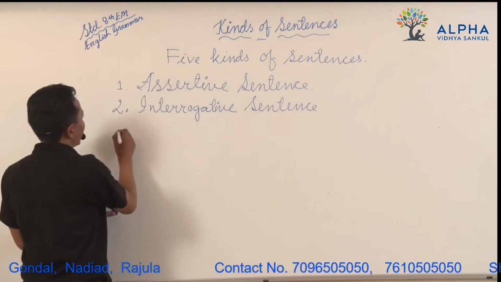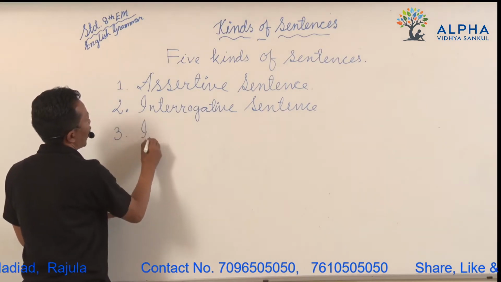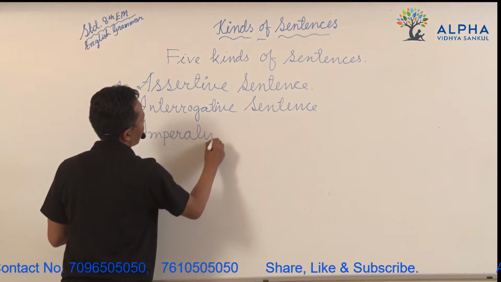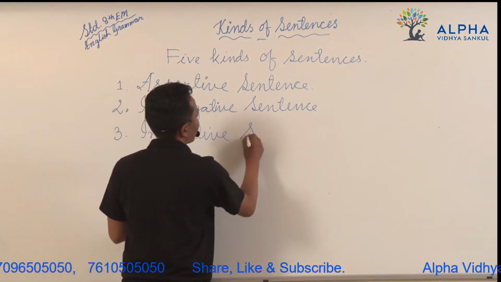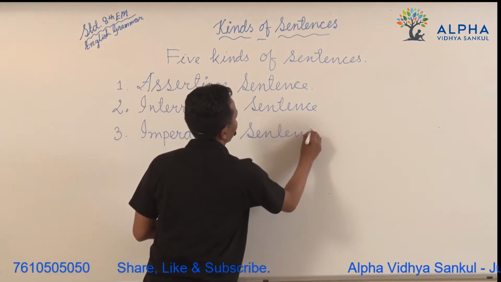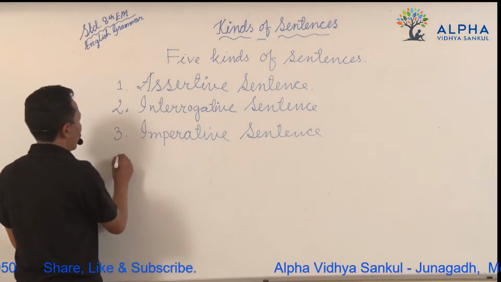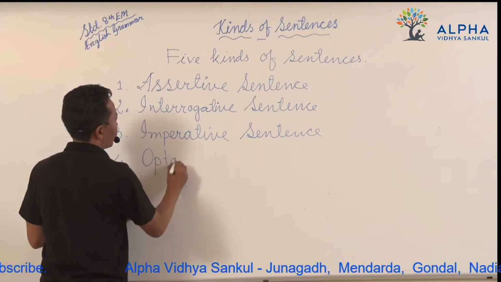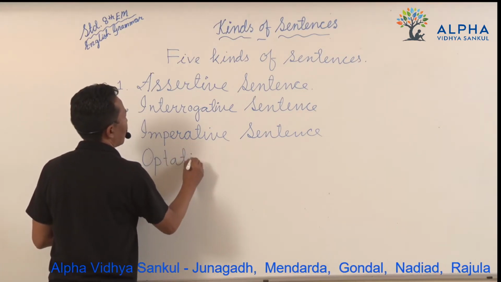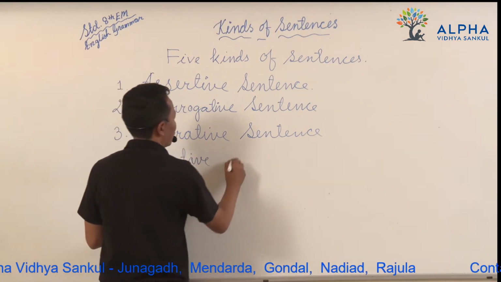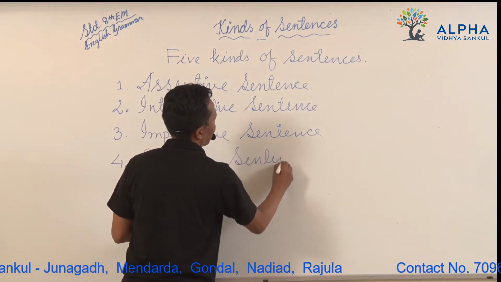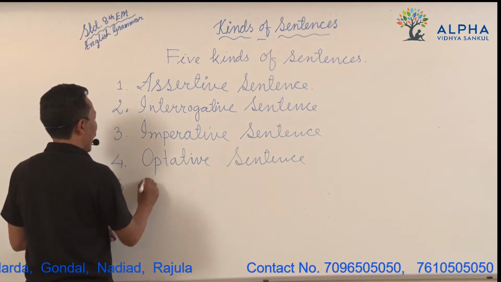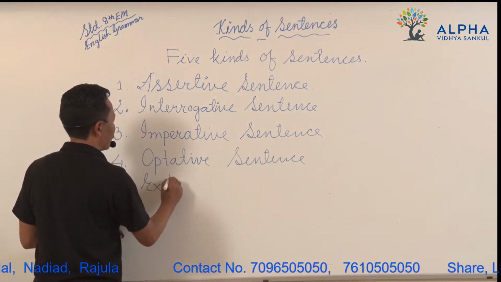And the third one is imperative. The fourth one is called optative sentence. And the last one, exclamatory sentence.